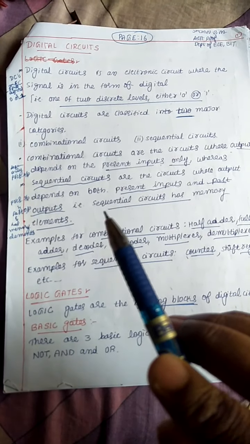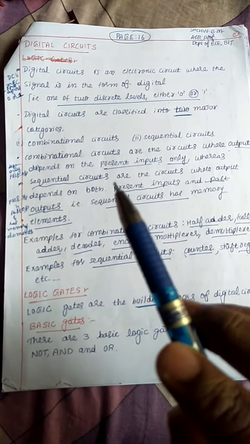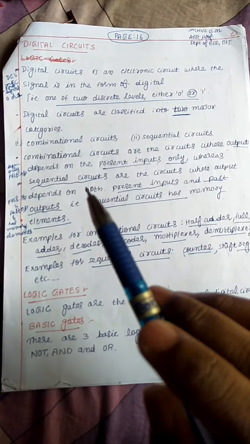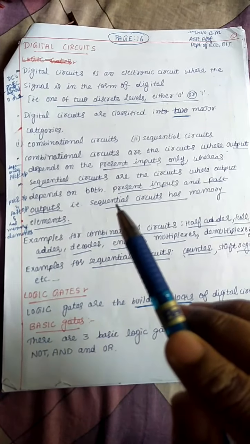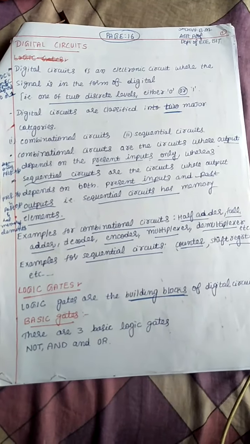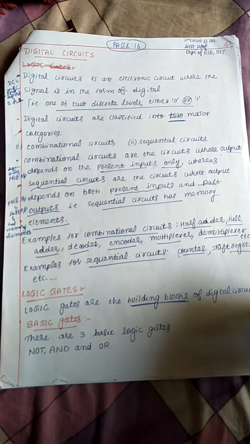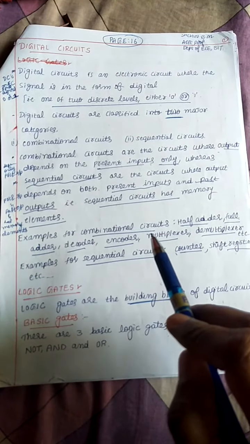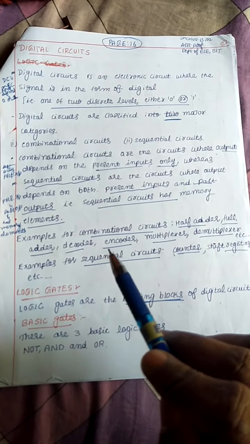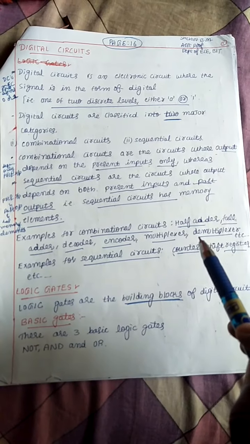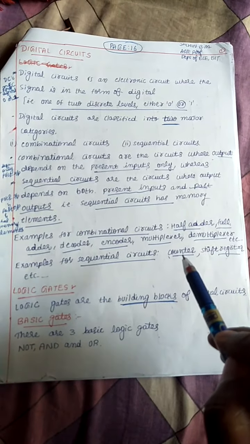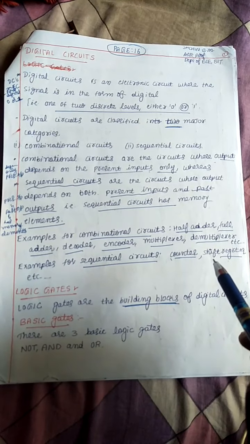In order to store the past output, there should be a memory element. So in a sequential circuit, a memory element is required. The examples for combinational circuits are half adder, full adder, decoder, encoder, multiplexer and demultiplexer. Sequential circuits: counters and shift registers.